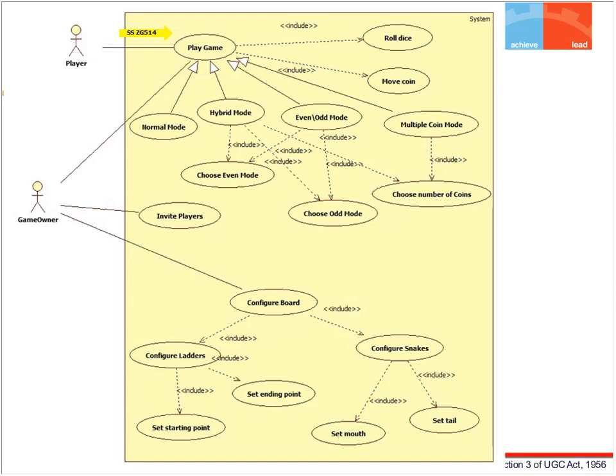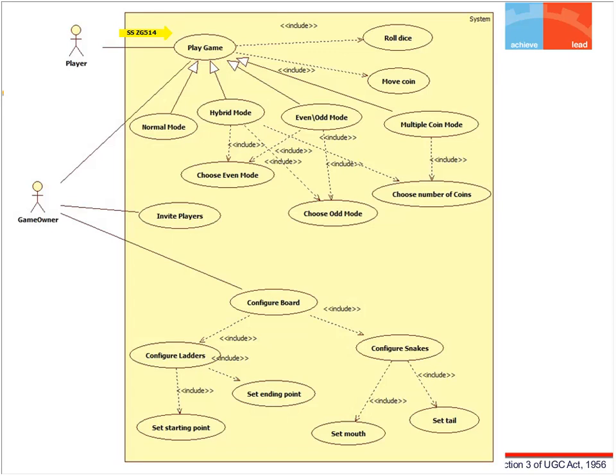Each one of these sub-use cases can replace the play game use case, and in fact, at least one of them will definitely replace the play game, right? The user will play the game in one of these modes.